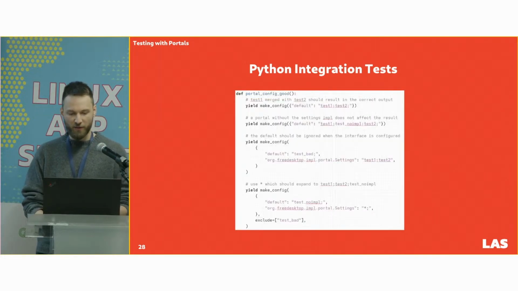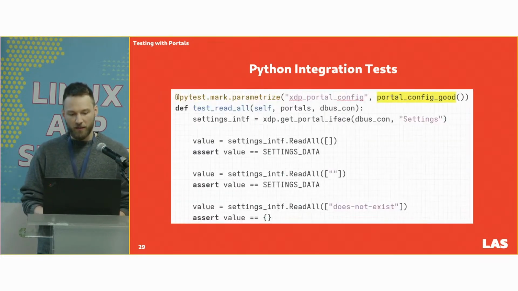For each of the configurations that we are yielding, this test is run, and we are checking that the configuration is as we expect with all the good ones. And similarly, we have configurations which are bad, which are supposed to fail, and we have a test which checks that all these things fail.